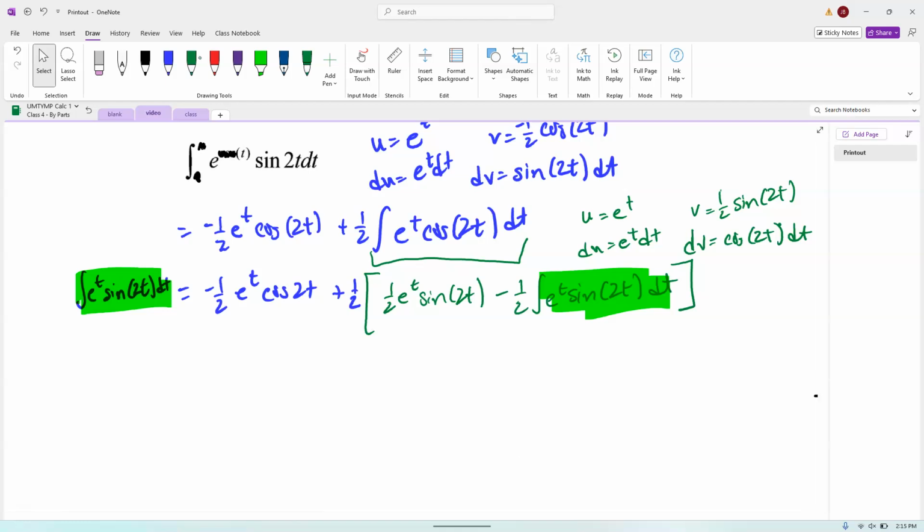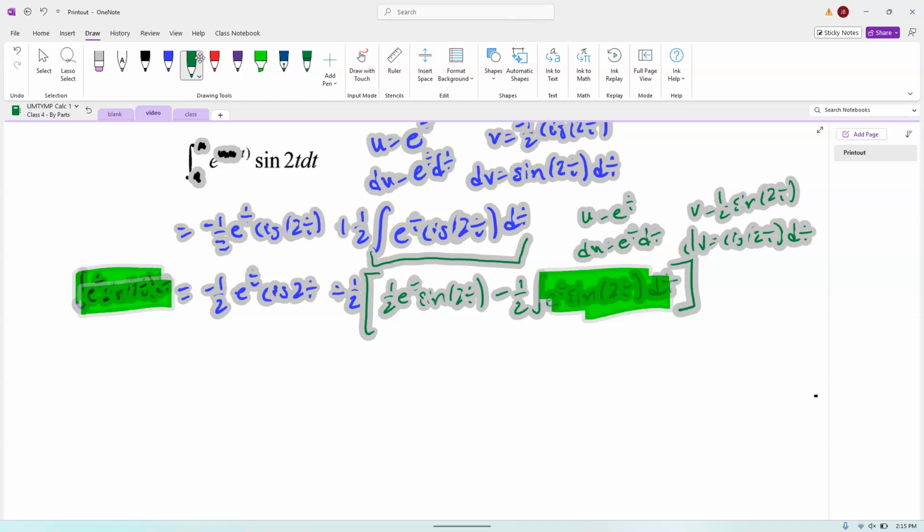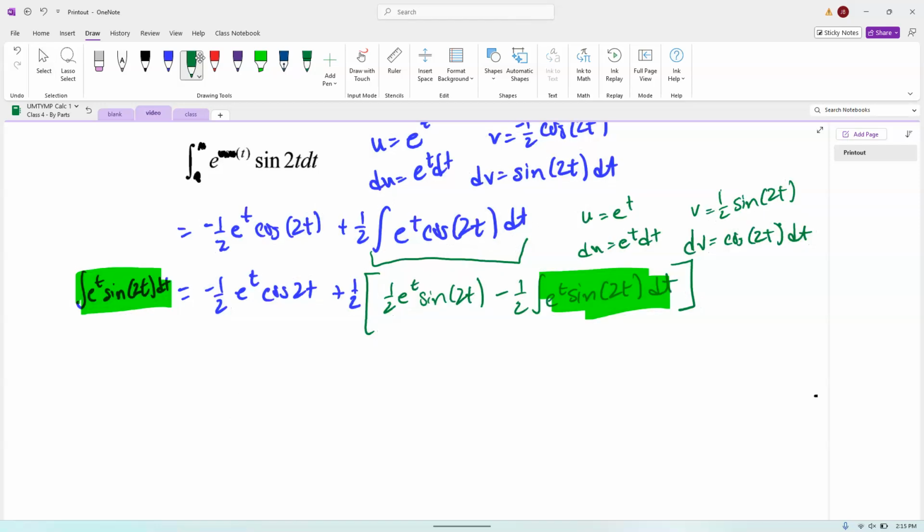So what I'm going to do is say, okay, if I were to collect things over, multiply or distribute the 1/2 in, this would be 1/4, right?